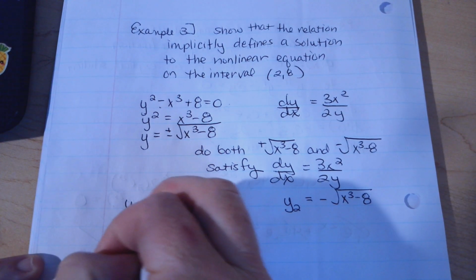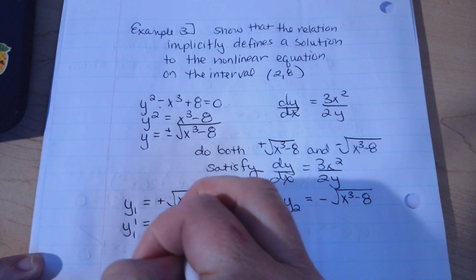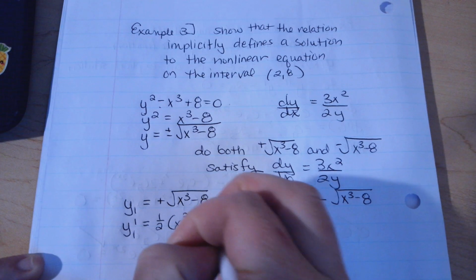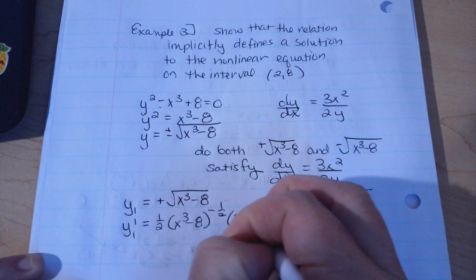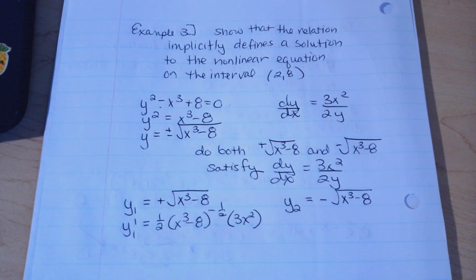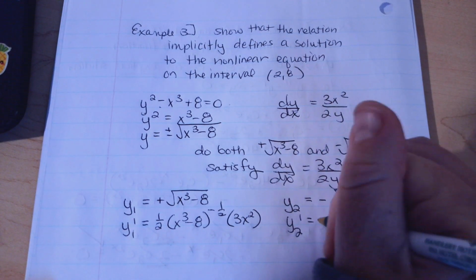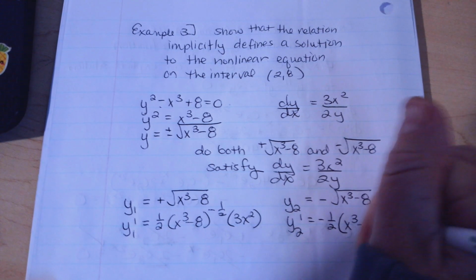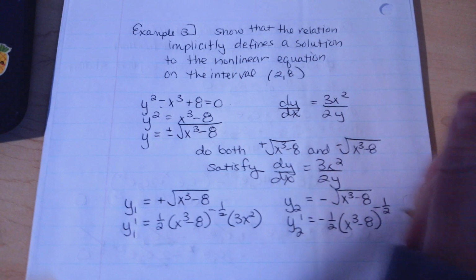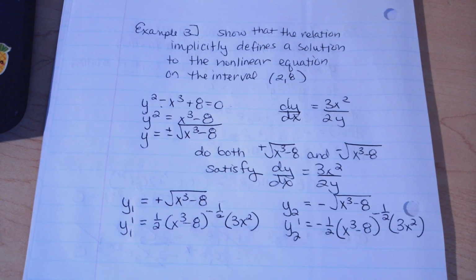So y1 prime is going to be 1/2 times x cubed minus 8 to the negative 1/2, all times 3x squared. y2 prime is going to be negative 1/2 times the same, 3x squared.